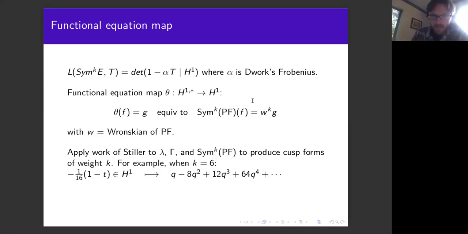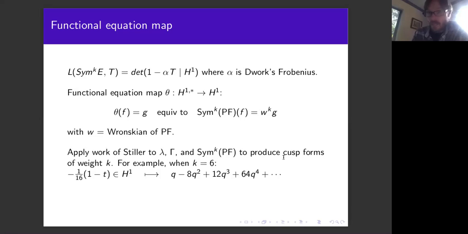If I was in person, I would square this off. This equation right here, I was reading a paper by Peter Stiller, and he was saying that if you have a differential equation and you take the kth symmetric power of it, and you have an equation that looks like this, then you can produce cusp forms.